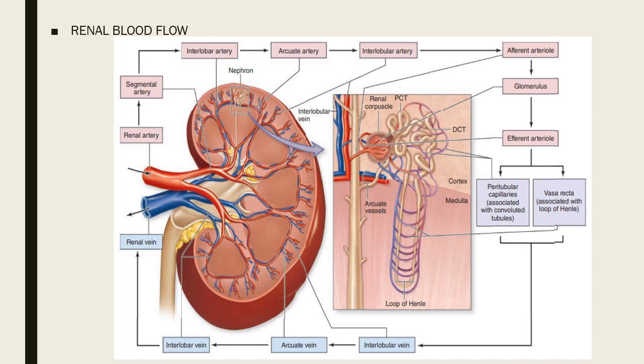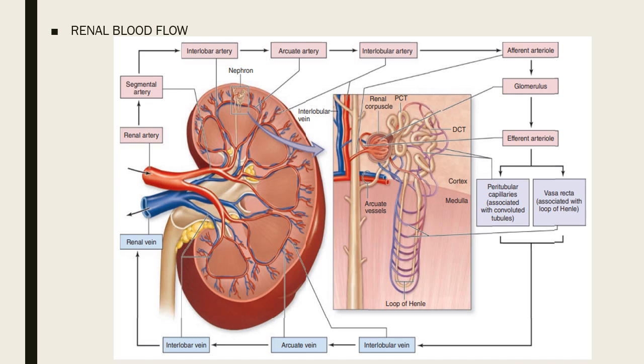In case of an increase in blood pressure, your afferent arterioles will constrict to prevent an increase in renal blood flow, which will lead to overfiltration and glomerular damage.